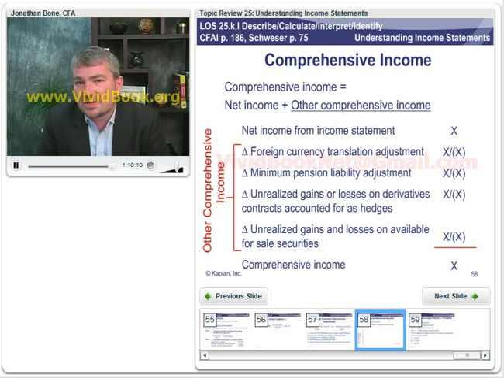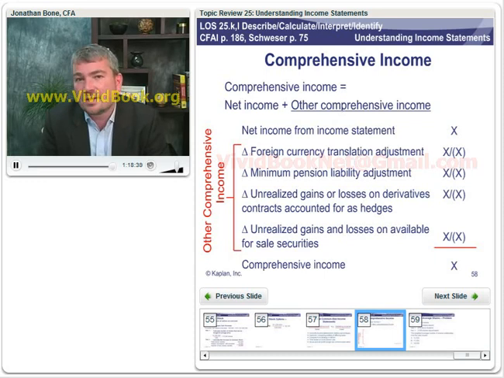Minimum pension liability adjustments, or the adjustment from balance sheet asset or liability to funded status. Again, those are going to go through our comprehensive income, or rather the change in them is. Notice it's the change in these items, from last year's balance sheet to this year's balance sheet, that we include. Unrealized gains and losses on any derivatives held for hedging purposes, again the change on those items.